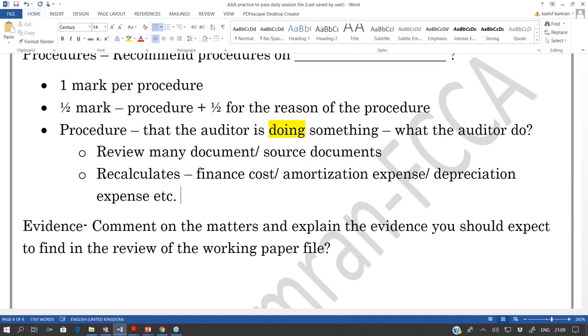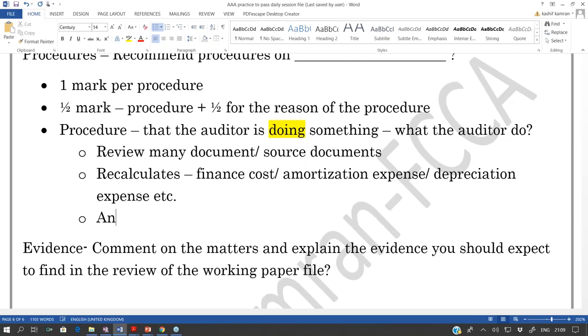The auditor can recalculate. Then another thing the auditor can do is that the auditor can analyze something. The auditor can analyze the ratios, or the auditor can analyze the increase and decrease over the last year.